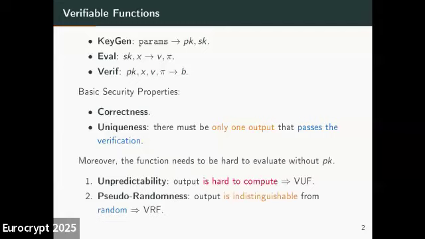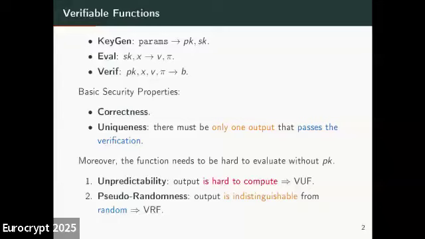And for cryptographic purposes, we need that the function is hard to evaluate without the secret key. We have actually two flavors of that: unpredictability, which just means that the output is hard to compute. This is the computational variant, and this gives you a VUF. And the stronger, decisional variant, pseudo-randomness, which means that the output is indistinguishable from random.